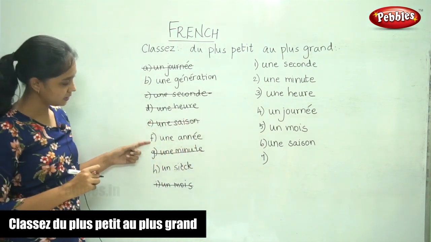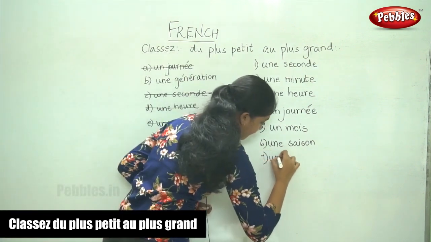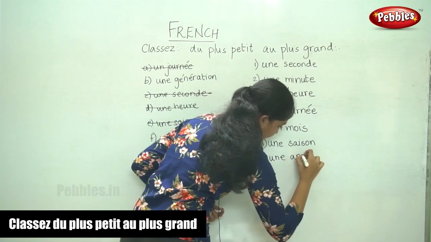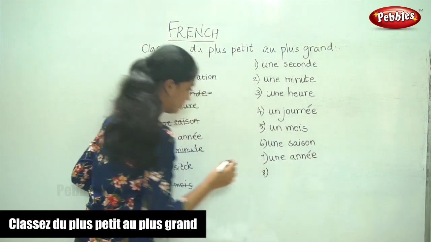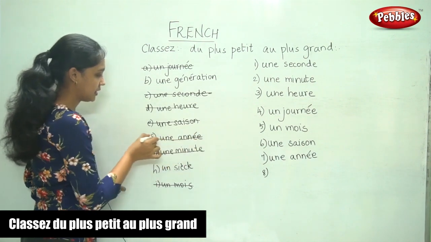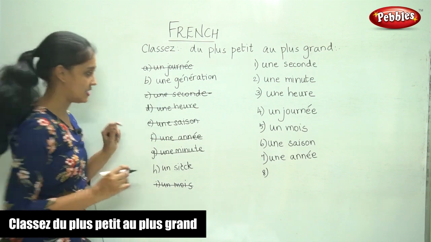Then the next one would be a year. Une année. The next one would be une génération.